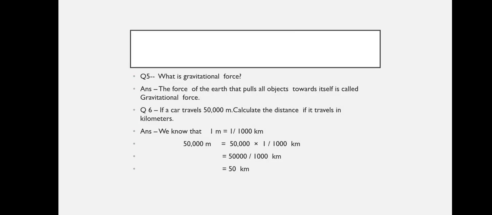So 50,000 meter is equal to 50,000 multiply 1 upon 1000 kilometer, which is 50,000 upon 1000 kilometer. After calculating we get the answer 50 kilometer. So the distance in kilometer is 50 kilometer.